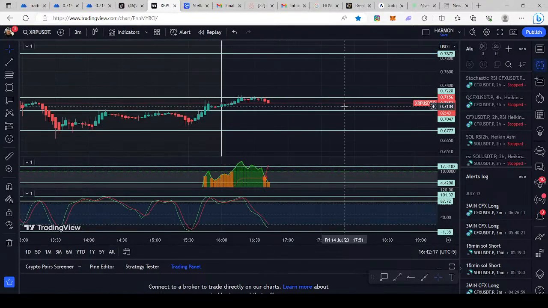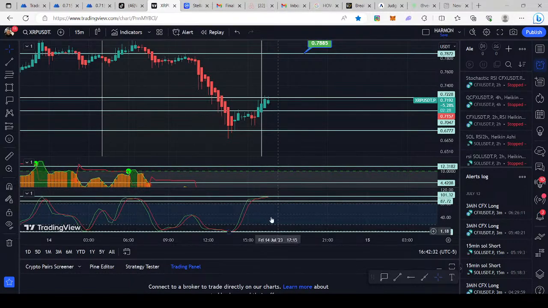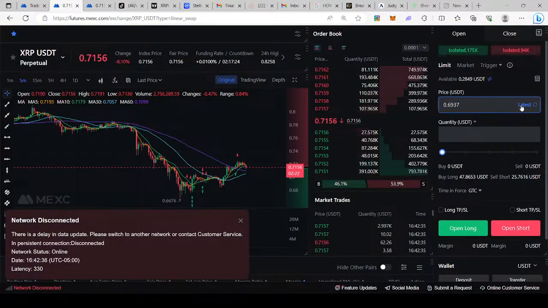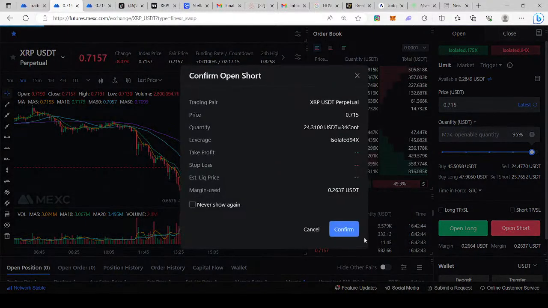So right now, this is where we're just sitting back, and now that we have the top of this channel at 72.33, we need to find the bottom of this channel, which is going to be whenever this 15 minute comes back down, like we've seen, right? So whenever this 15 minute comes back down, we're then going to get ourselves a bottom position here.